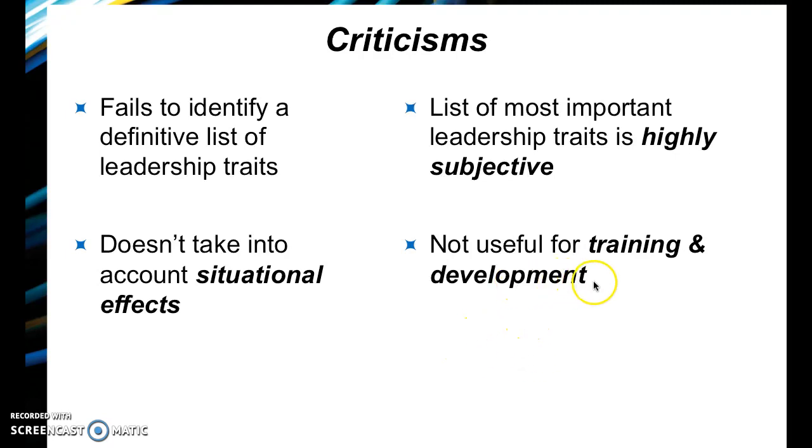And the trait approach isn't as effective for training and development because it's about personality characteristics, and training leaders focuses more on skills. So you can see there are some pros and cons to the trait approach. It has some validity, but it may not be sufficient to accurately describe the whole leadership process.